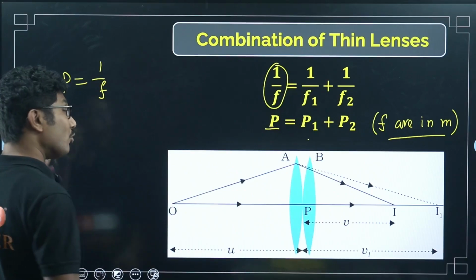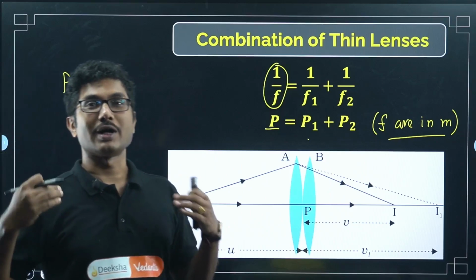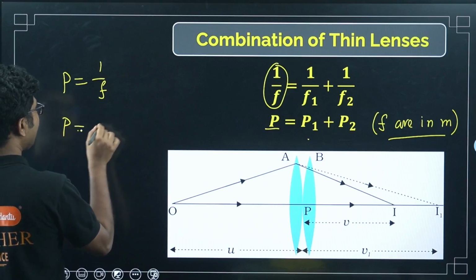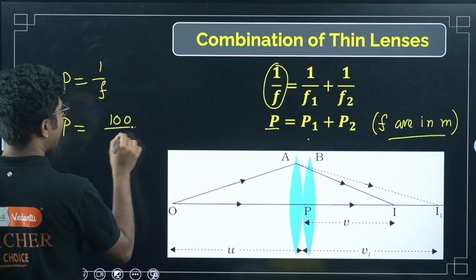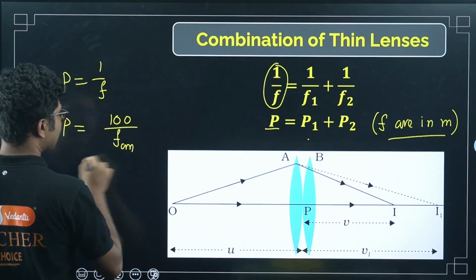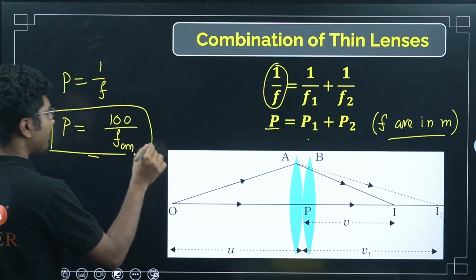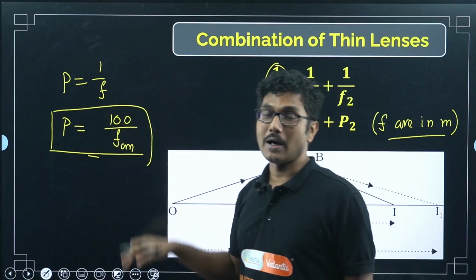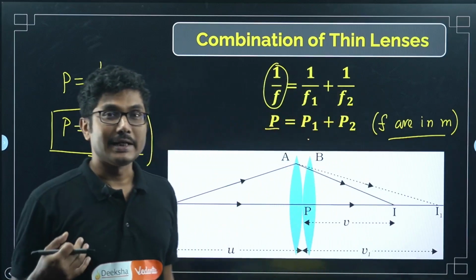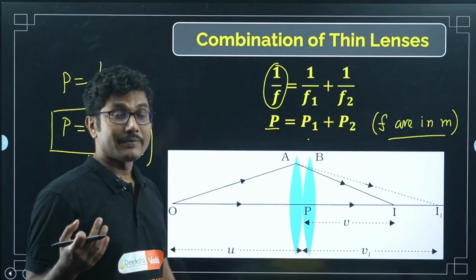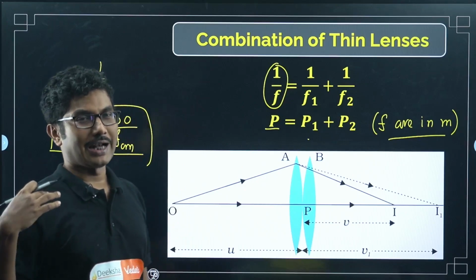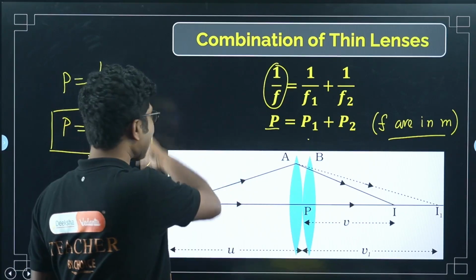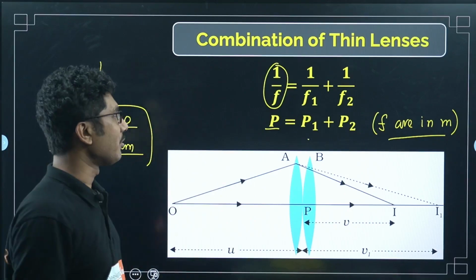Most of the time we represent focal length in centimeters, so what will happen? In centimeters, power will be 100 divided by F in centimeters. So this is another formula that you should remember. That is also very important: if focal length is not given in meters, you can directly use this formula. You don't need to convert centimeters into meters first, you can directly use 100 by F in centimeters, which is very easy.